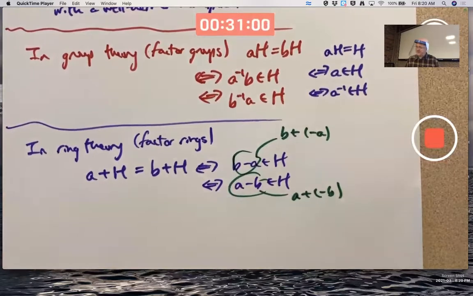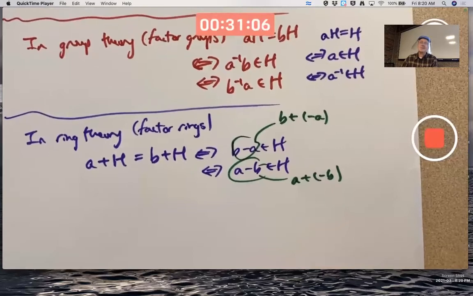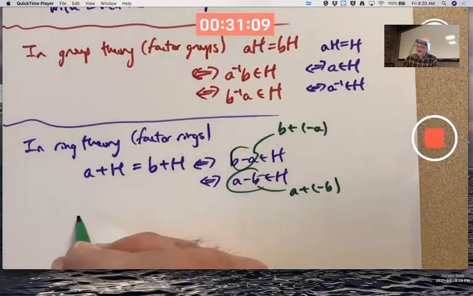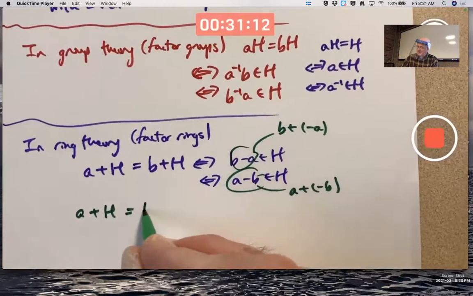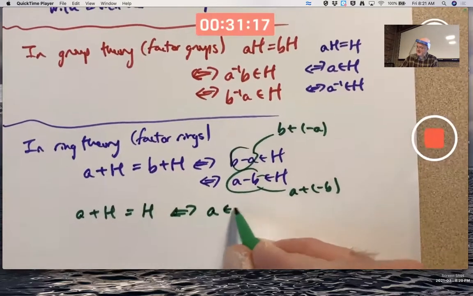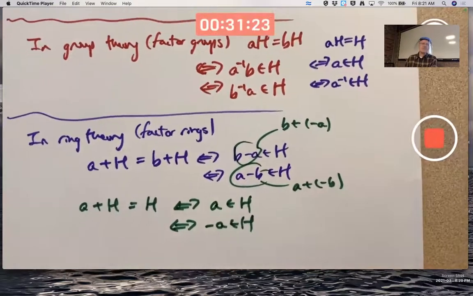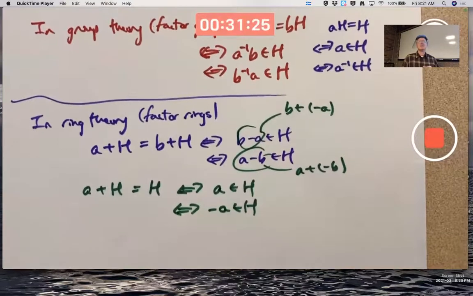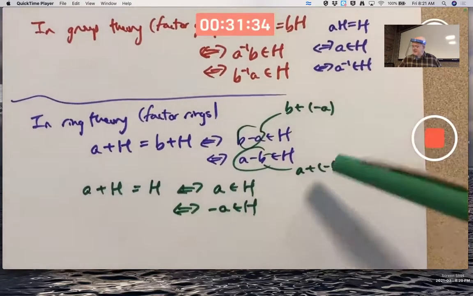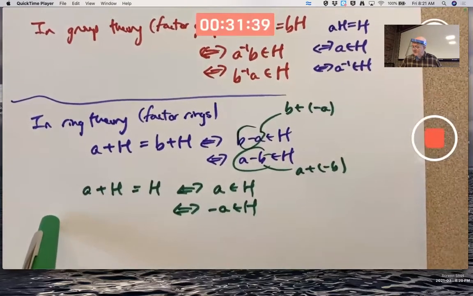And in particular, the special case where B is 0, the additive identity, A plus H equals H, if and only if A is an element of H, which is true if and only if negative A is an element of H. So you can think about these facts actually without thinking about ideals.